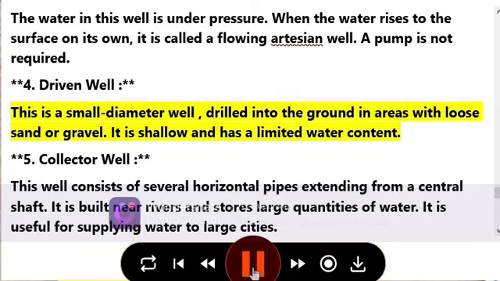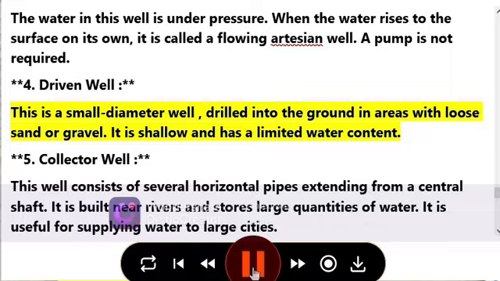4. Driven well. This is a small diameter well drilled into the ground in areas with loose sand or gravel.